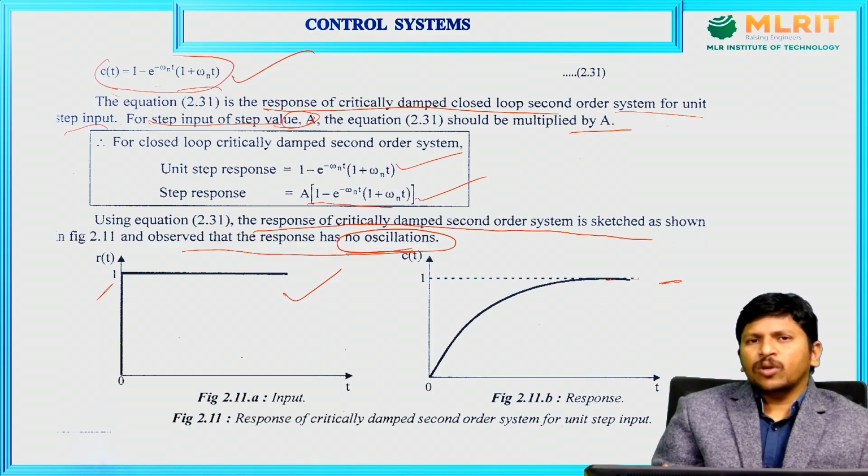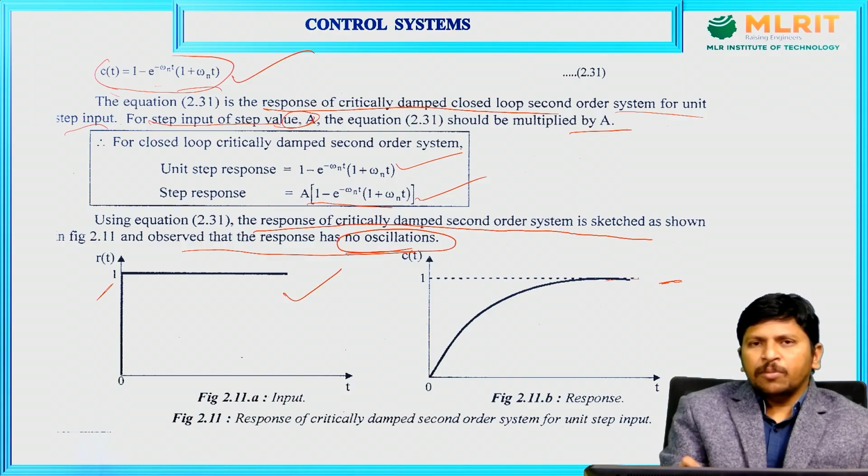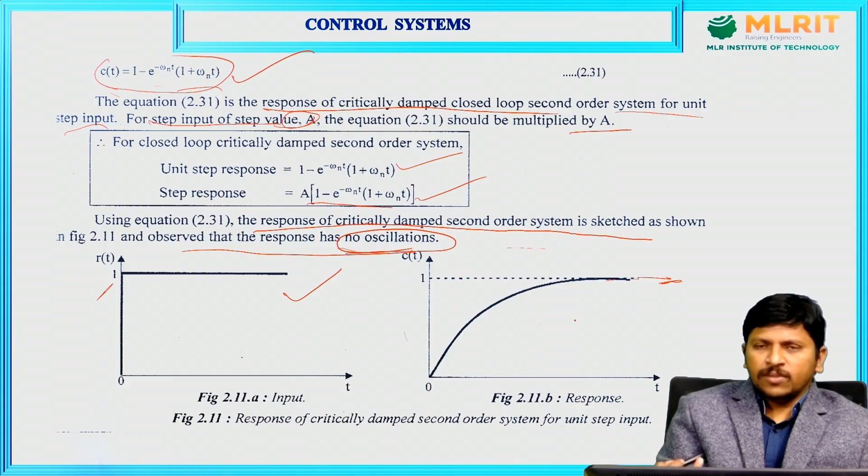When we apply the unit step input, we get 1 minus e power of minus omega n t of 1 plus omega n t as the response of critical damped second order system, and the graph of that critical damped second order system is observed, there is no oscillation, in the graph, just to be observed from that graph, right?